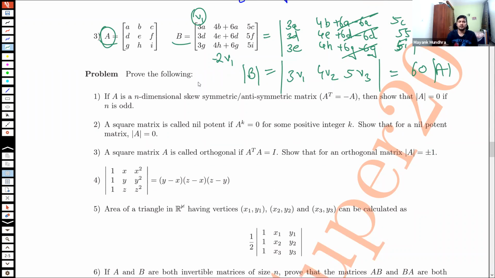Prove the following. If A is an n-dimensional skew symmetric or anti-symmetric matrix, that is A transpose is minus of A, then show that determinant of A is equal to 0 if n is odd. So what I have to show is that when A transpose is minus of A, then determinant of A has to be 0.